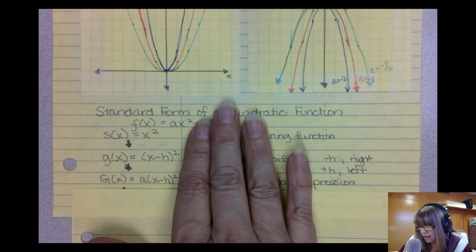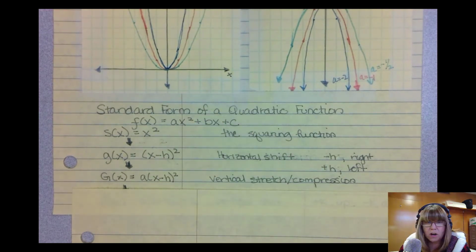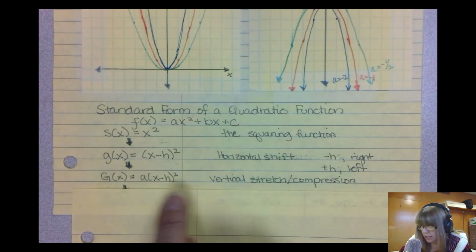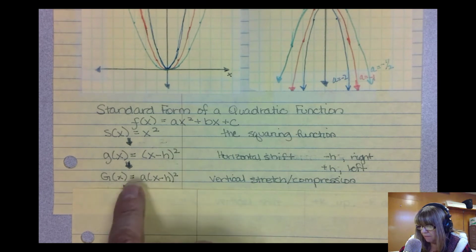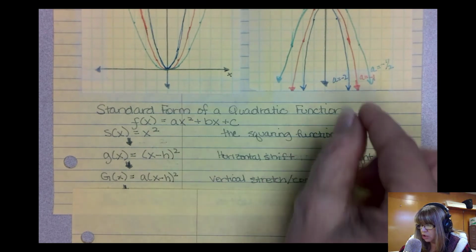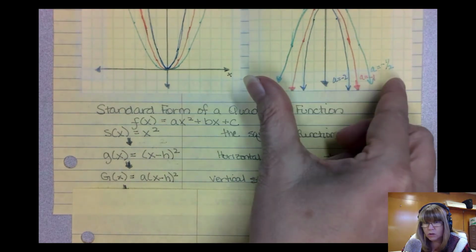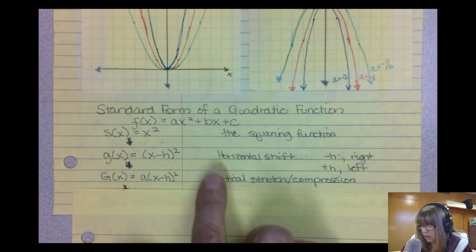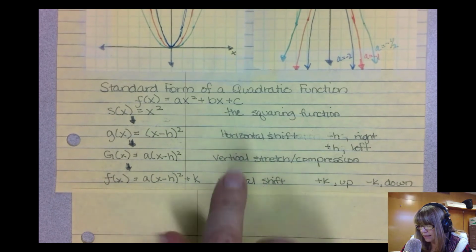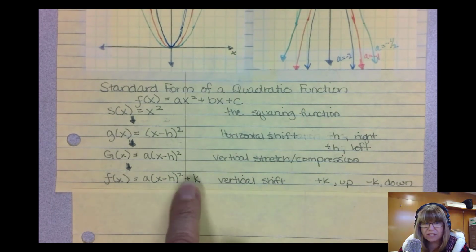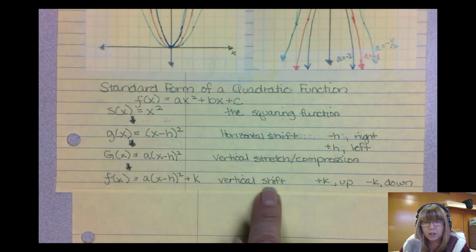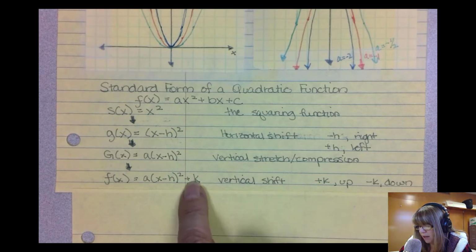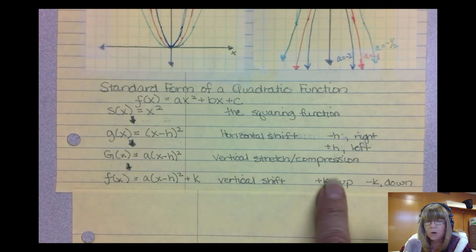Taking it one step further, we can also do a vertical stretch. That's this a value. And from this a value, we're either going to stretch away from the y or compress towards the y, depending on what our value of a is. And finally, we have this plus k, which is a vertical shift. When k is positive, a plus k, we shift it up.